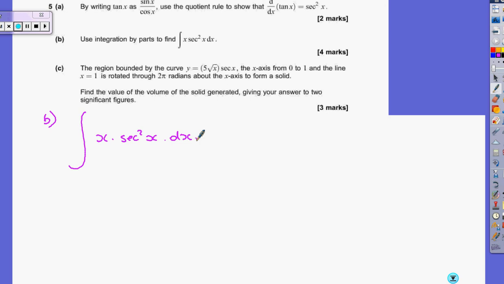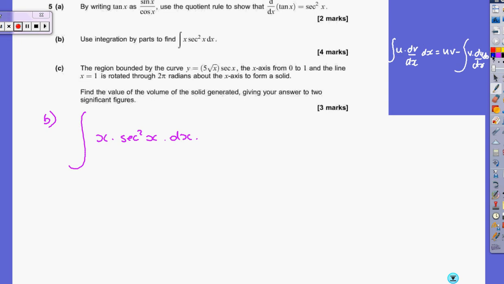So if I write the formula up here in white, if you're given two things to integrate, they call them u and dv by dx, you'll end up with uv minus the integral of v du by dx with respect to x. So your initial terms aren't u and v, they are u and dv by dx.